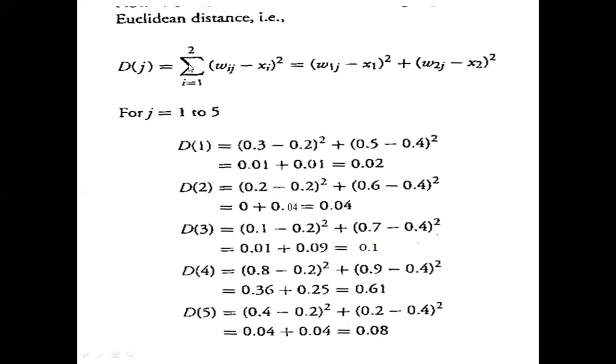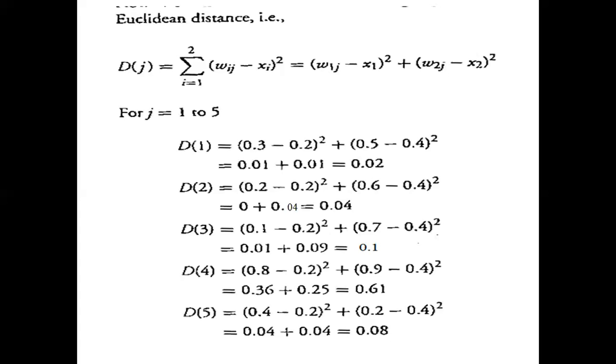So first calculate w1j minus x1 whole square plus w2j minus x2 whole square. This is the formula. And what is the value of j? The j value is 1 to 5, because here we are considering 5 patterns.